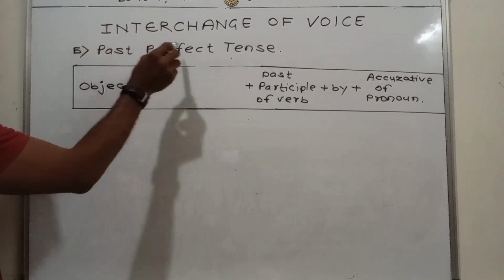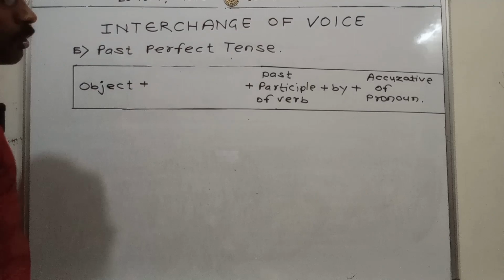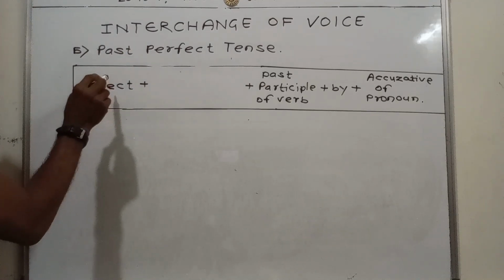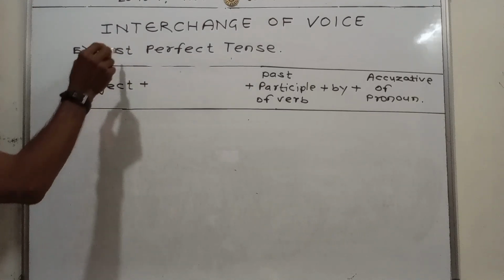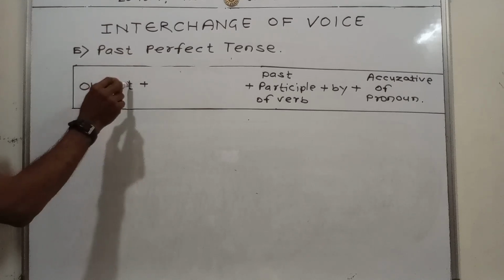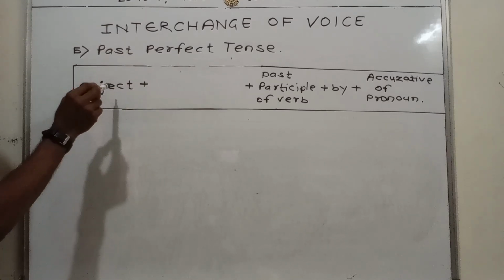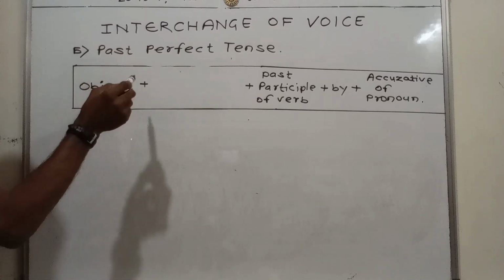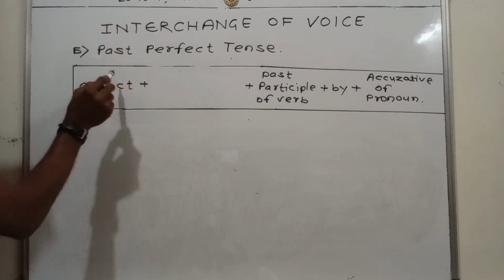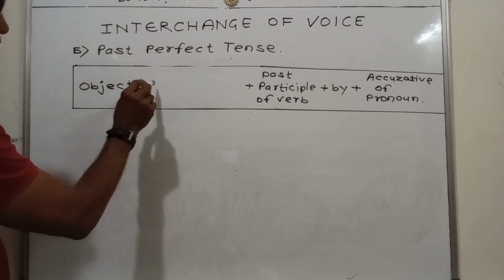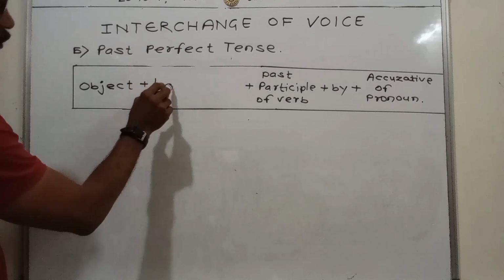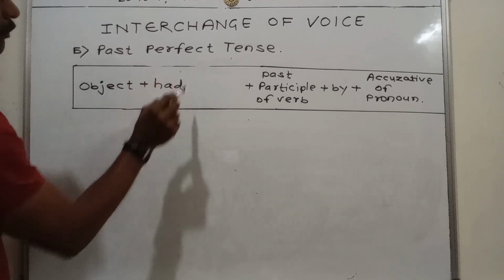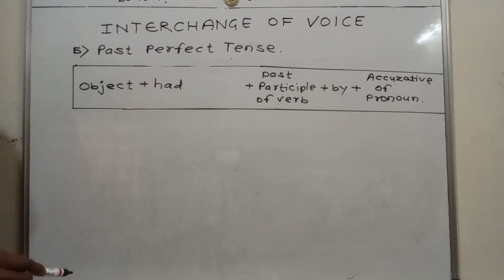Sixth, past perfect tense, interchange of voice. Now, here, when we make rule for passive voice, then object becomes subject. Okay, past perfect. So only one auxiliary verb.